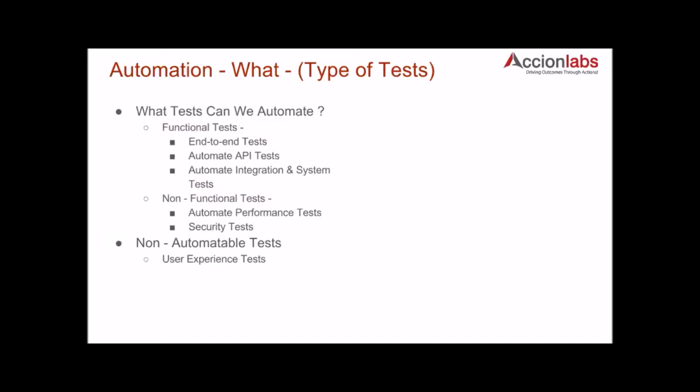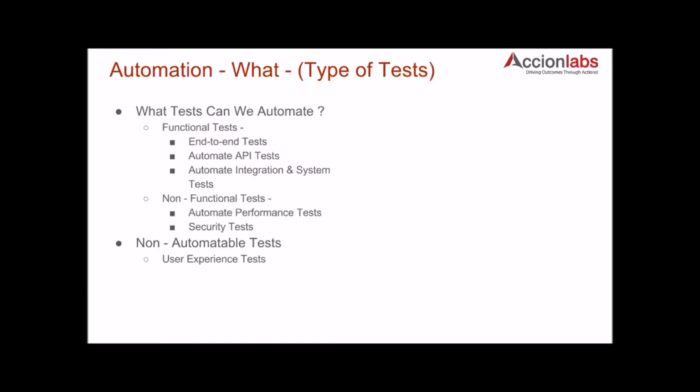They will use it and give their feedback: how was the user experience? All of that comes under user experience test cases. If you really think about it, it cannot be automated. So, again, answering what are we automating? We are automating functional and non-functional test cases.